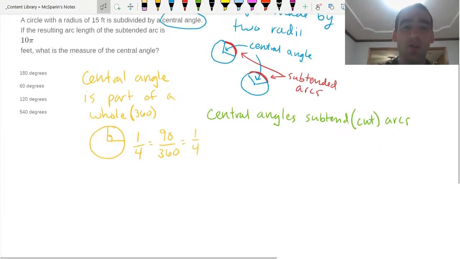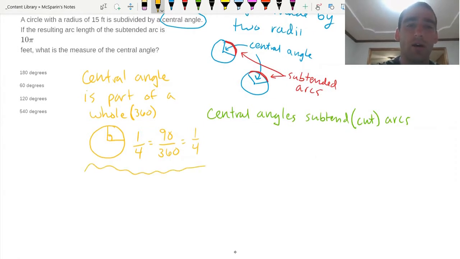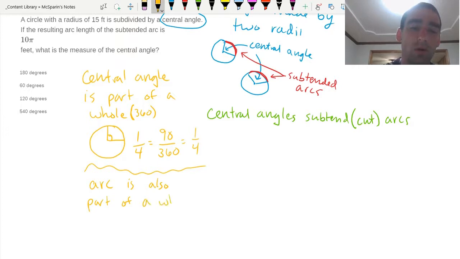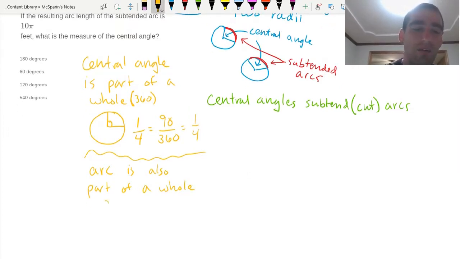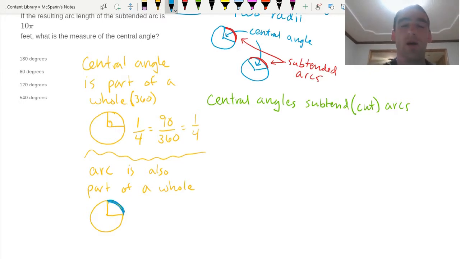Now, the thing that I also want you guys to realize here is an arc is also part of a whole. So let's think about this exact same one, and now let's focus on this arc. Well, the whole, what do we call it if we go all the way around the outside of a circle?